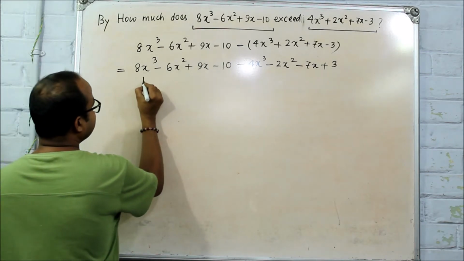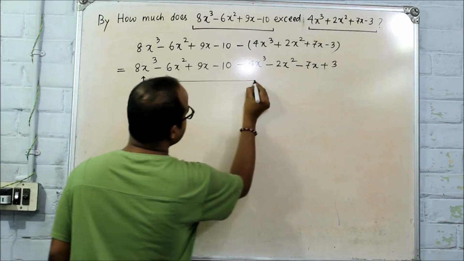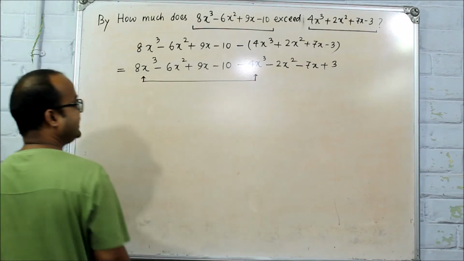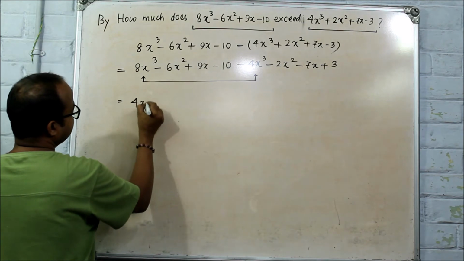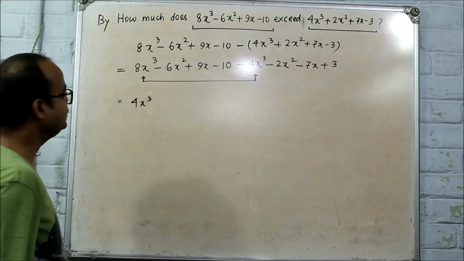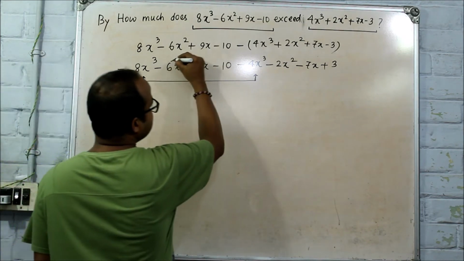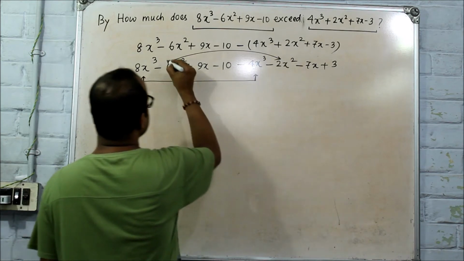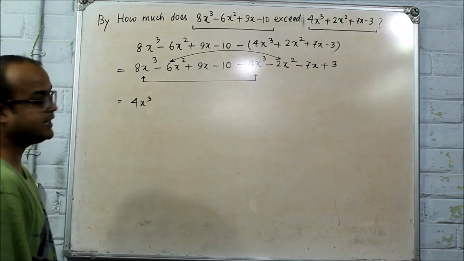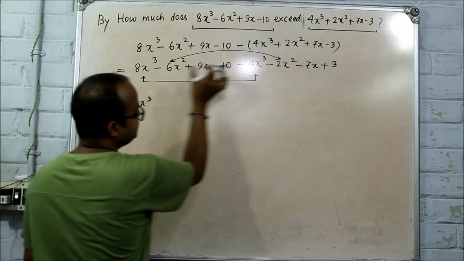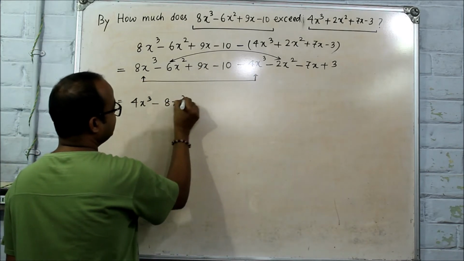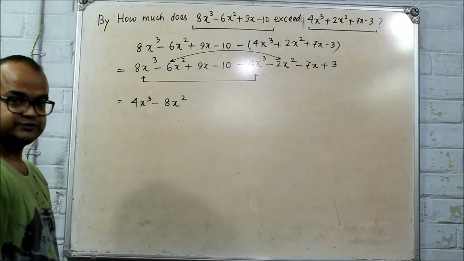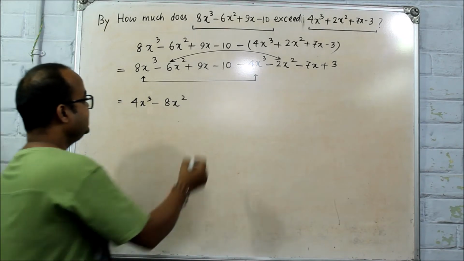So 8x cube minus 4x cube, like terms, will be equal to 4x cube, 8 minus 4, 4. Minus 6x square minus 2x square, these two are like terms. So minus 6x square minus 2x square is equal to minus 8x square. Same sign, so we add.